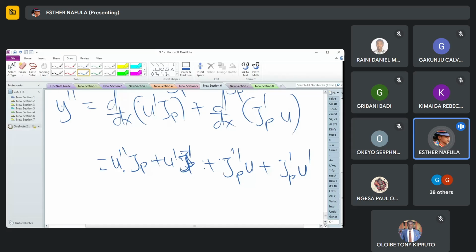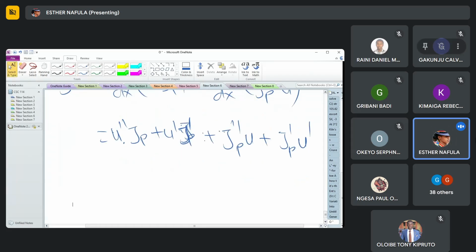Are there any like terms that we can combine? u prime and Jp prime. So plus 2 u prime Jp prime plus Jp double prime times u.